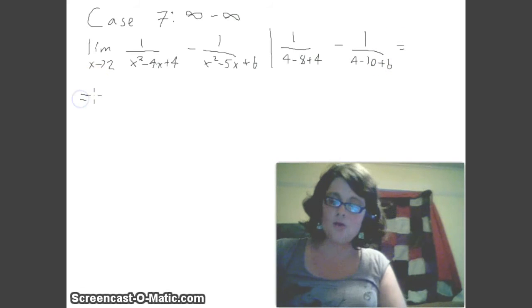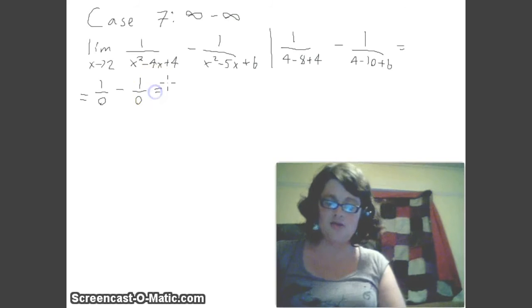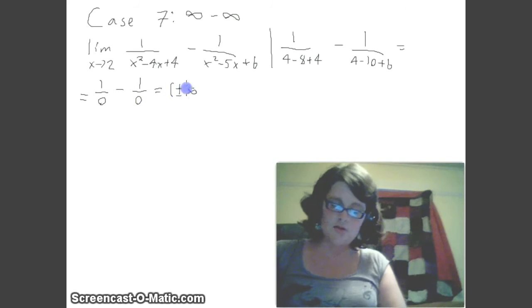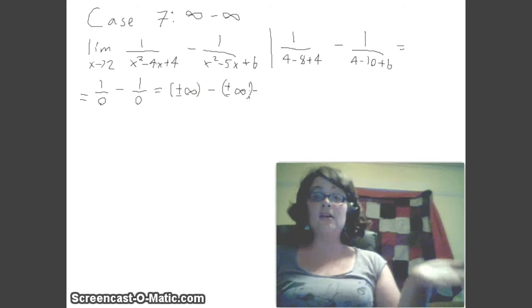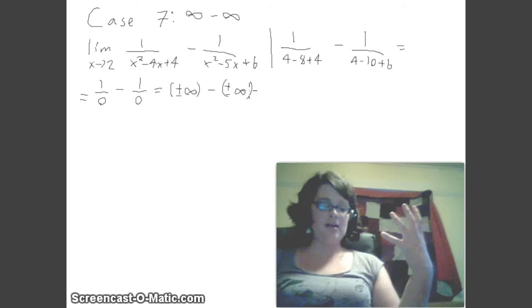Now, 4 minus 8 plus 4 is 0, so we have 1 over 0. 4 minus 10 plus 6 is 0, so we have 1 over 0. 1 over 0 is either plus or minus infinity, and the other 1 over 0 is either plus or minus infinity.